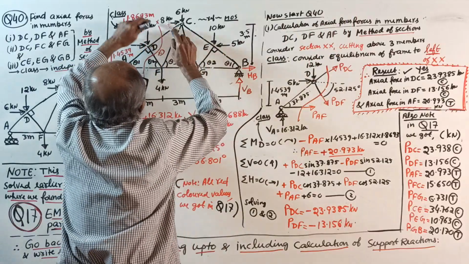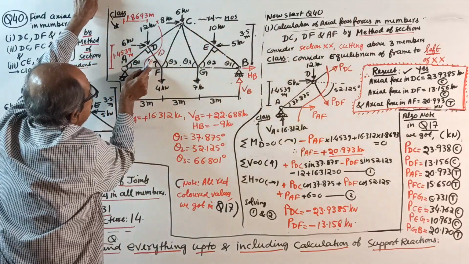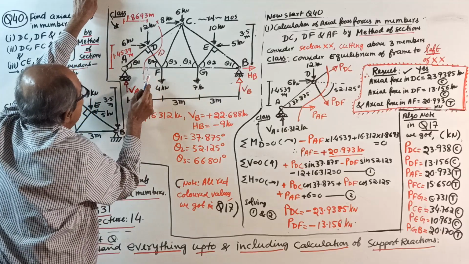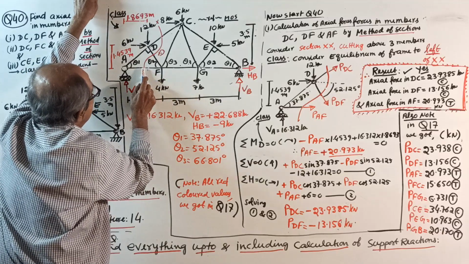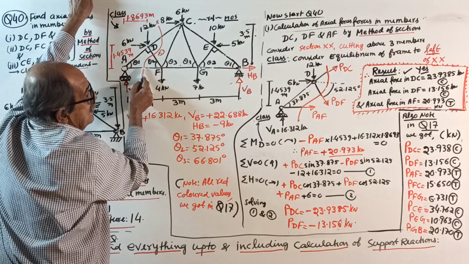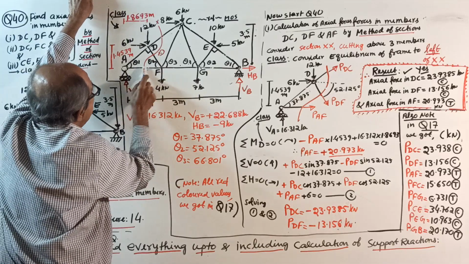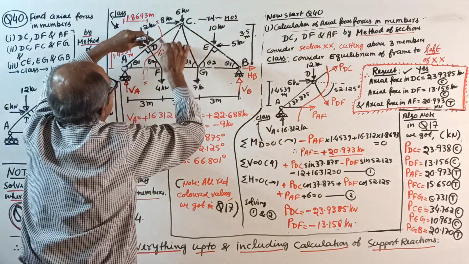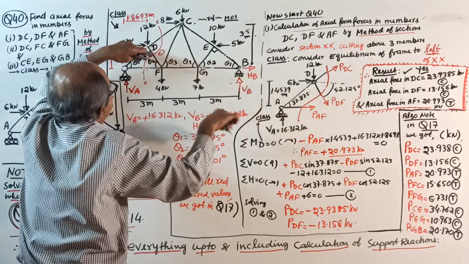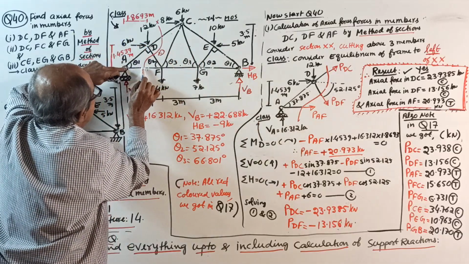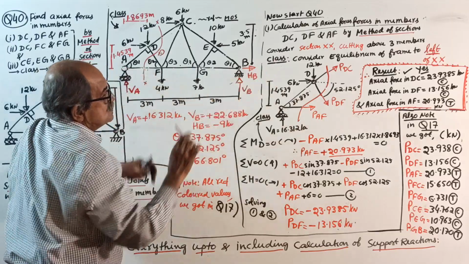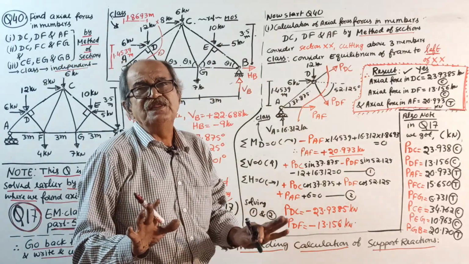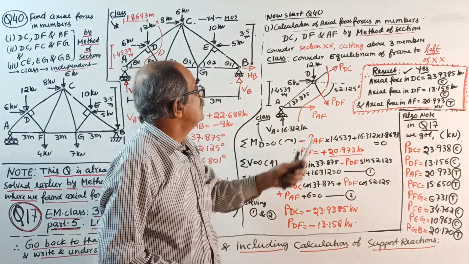So D to C, D to F, and here A to F. D to C, D to F. A is here, from the A side to F. Now I will not tell all these things, sufficient. This is a question. So many questions are over.